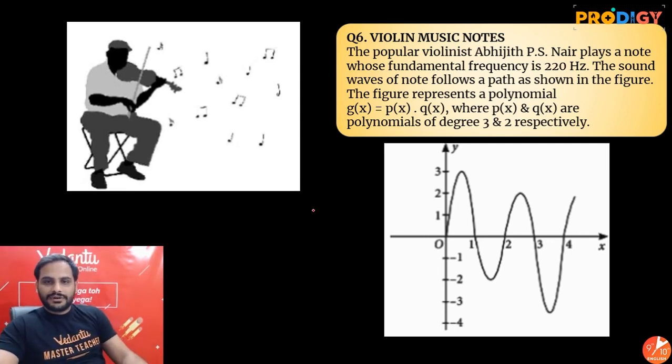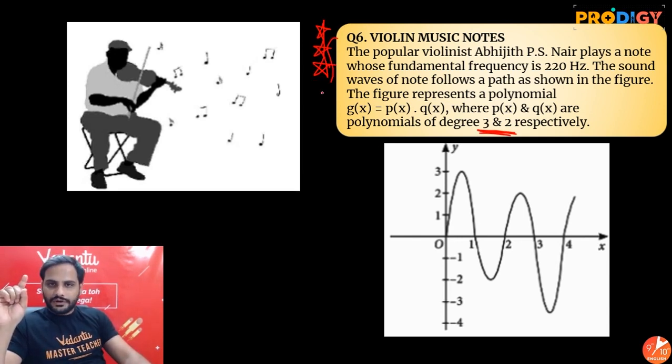We have to remember this: p(x) is a polynomial of degree 3, q(x) is a polynomial of degree 2. All questions will be solved from this context.